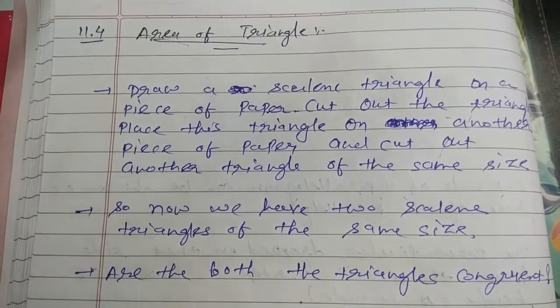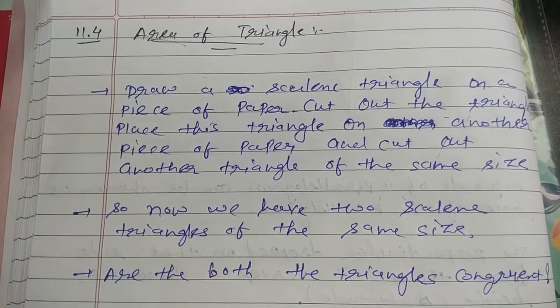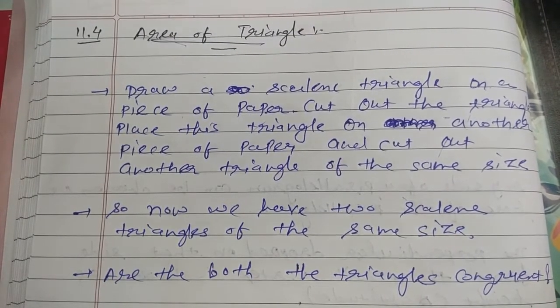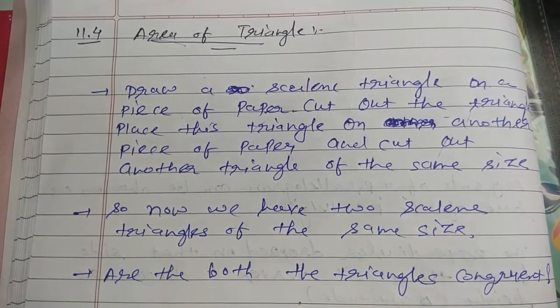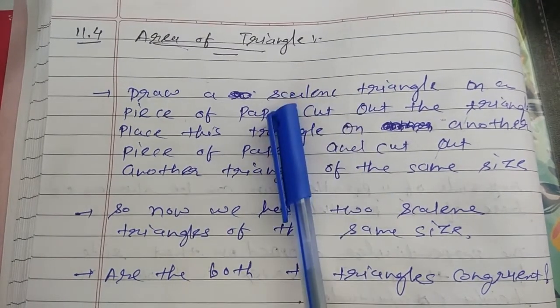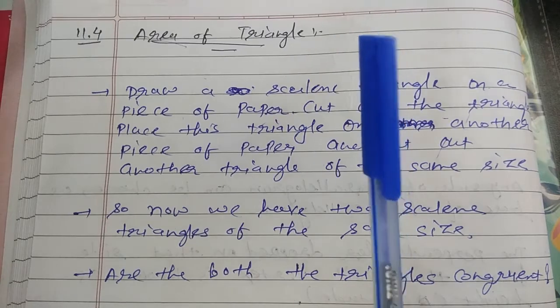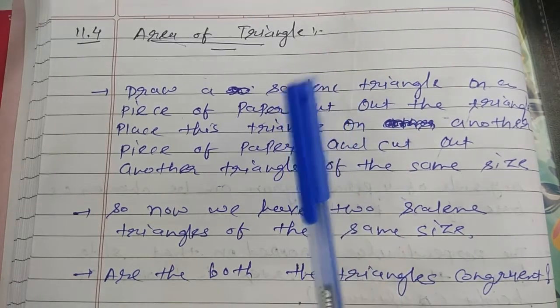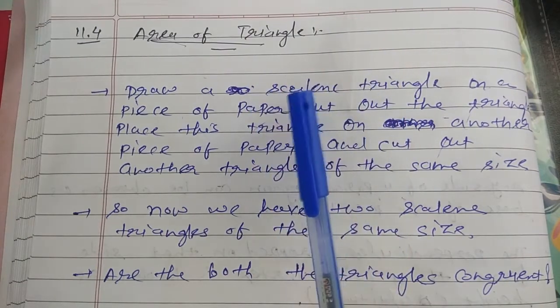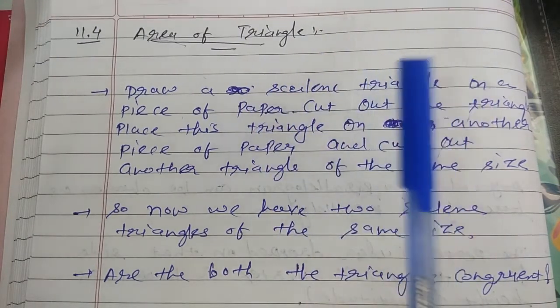Next topic 11.4, area of triangle. In this topic we will find the formula to find the area of a triangle. Draw a scalene triangle. What is a scalene triangle? A triangle whose sides are not equal, all three sides are different.